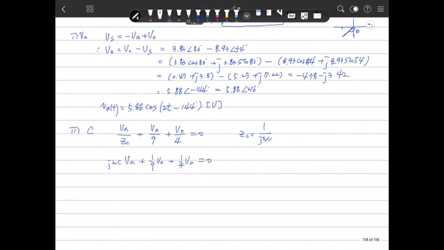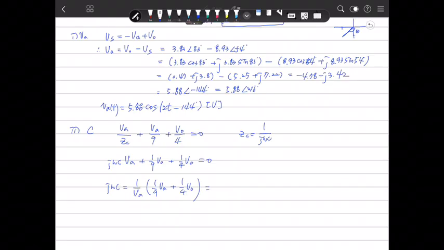Then j omega C VA is minus 1 over 9 VA minus 1 over 4 VO.